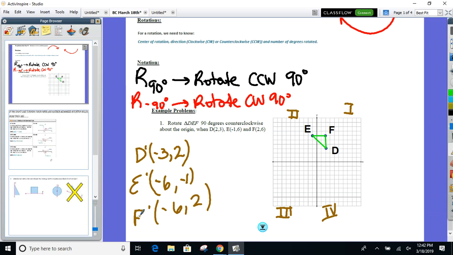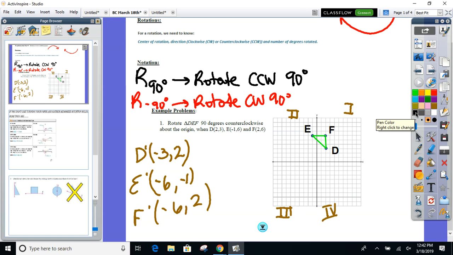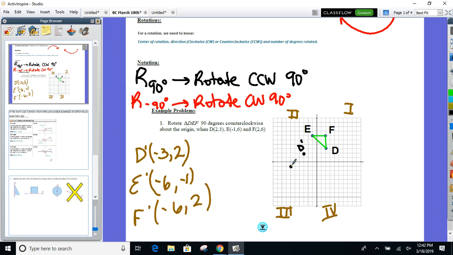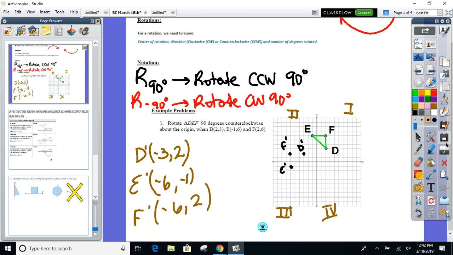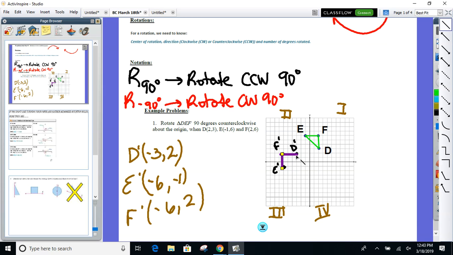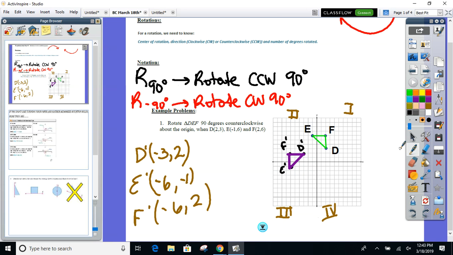Now I go back to my original graph and I graph these new points. And there it is, rotated 90 degrees counterclockwise.